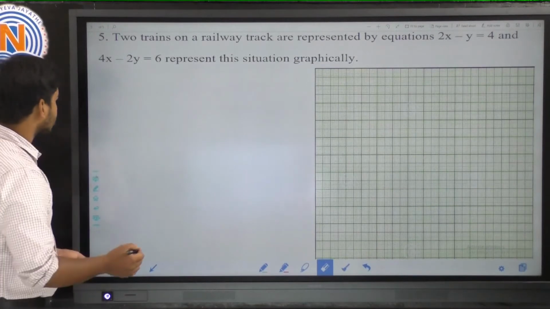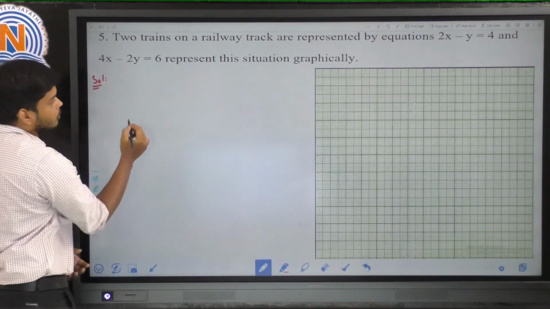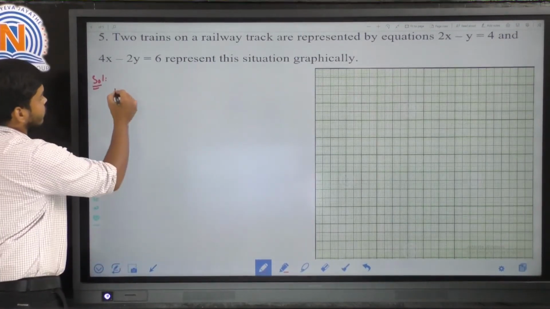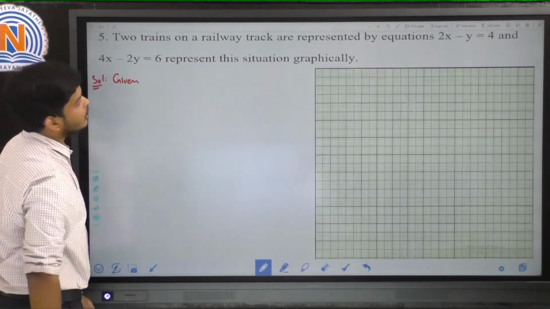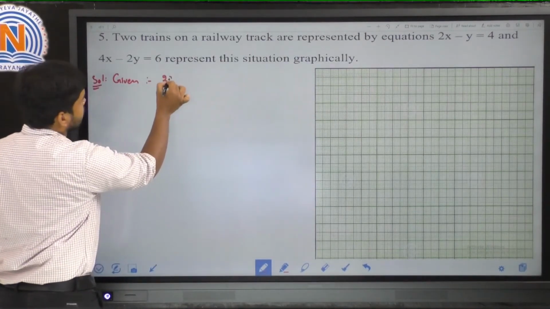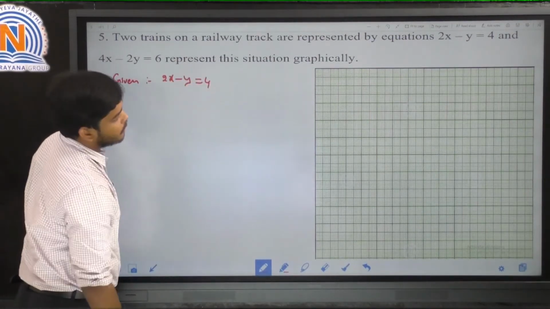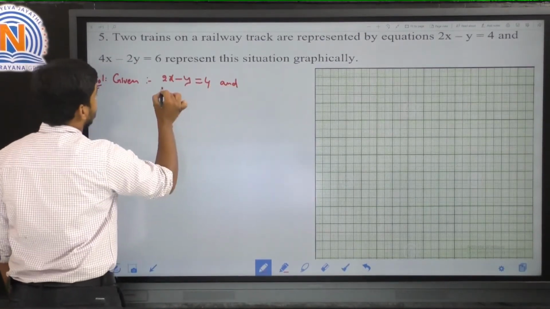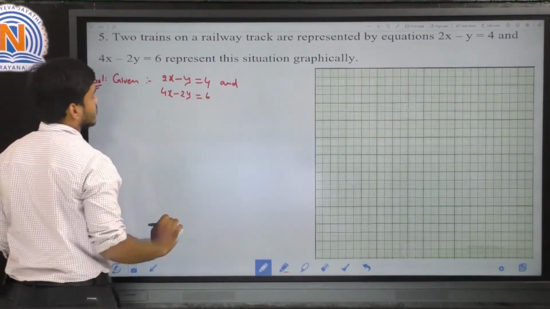See children. So take a graph, and now the solution, the given equations. So what are the given equations? 2x minus y is equal to 4 and 4x minus 2y is equal to 6.